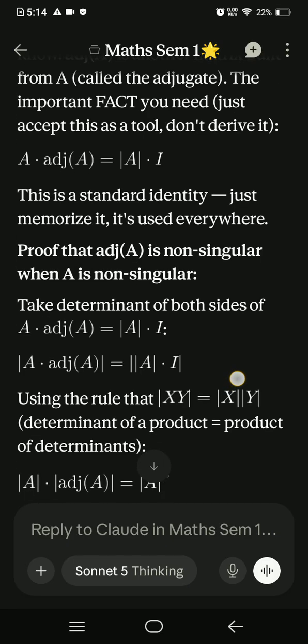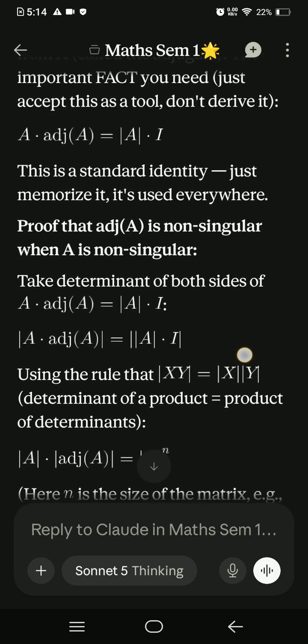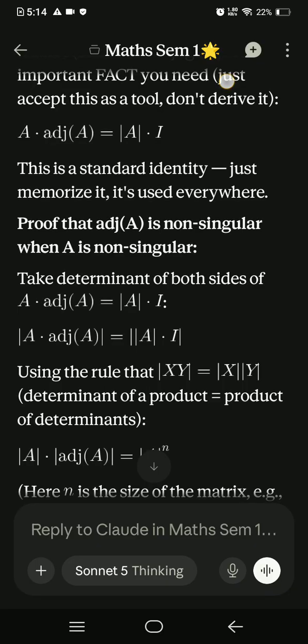Take the determinant on both sides of this. So we are taking this equation and taking the determinant on both sides.